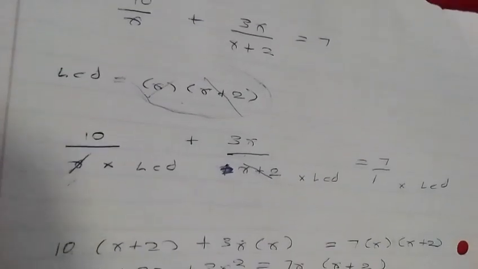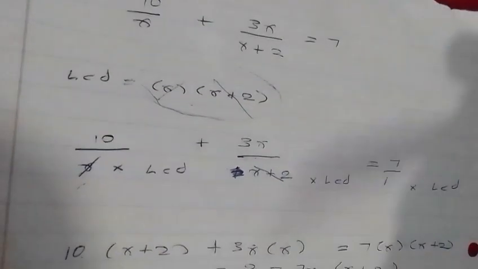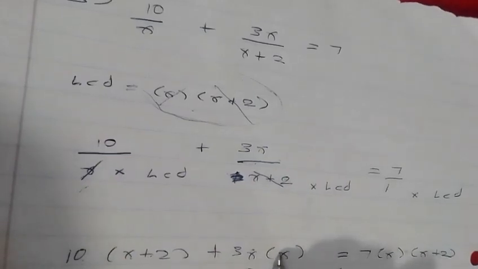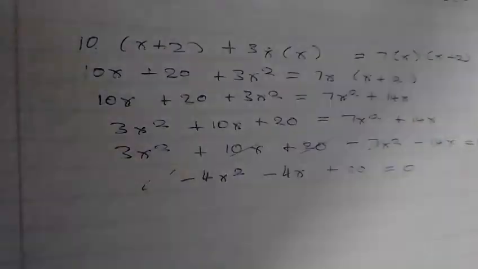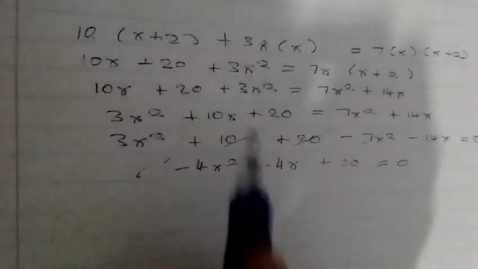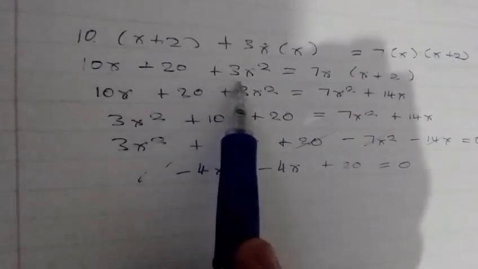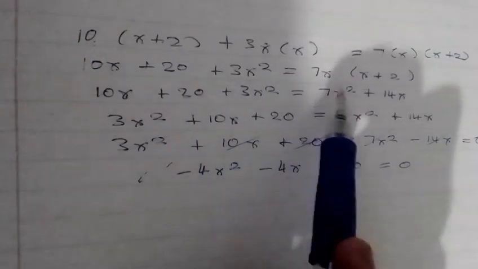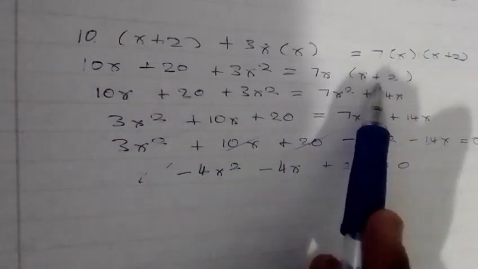And then here's how we do it. 10 times x is 10x, 10 times 2 is 20, 3x times x is 3x squared. So it's going to be 10x plus 20 plus 3x squared equals 7x times x plus 2.